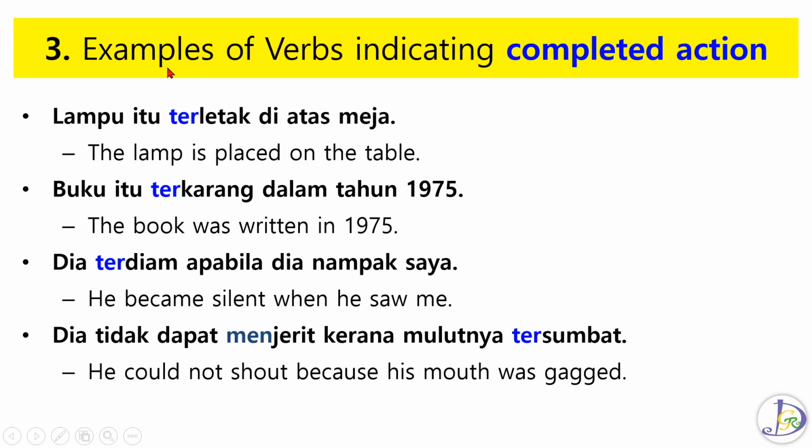Number 3. Examples of verbs indicating complete action. Lampu itu terletak di atas meja. The lamp is placed on the table. Buku itu terkarang dalam tahun 1975. The book was written in 1975.